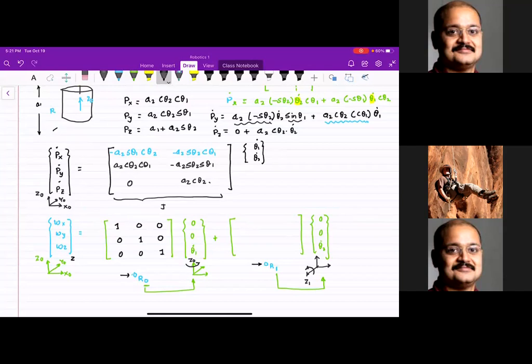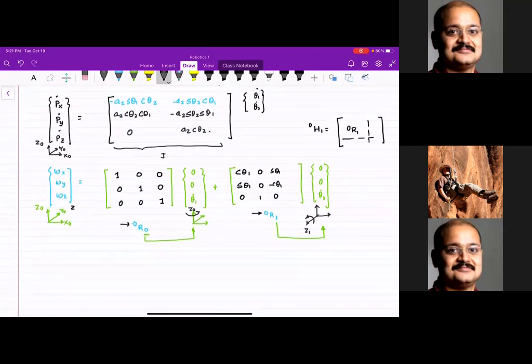We also found 0R1 when we derived the homogeneous transformation 0H1. So remember, we derived 0R1. That 0R1 needs to go here, and I will give you that value: cosine theta 1, 0, sine theta 1, sine theta 1, 0, minus cosine theta 1, 0, 1, 0.